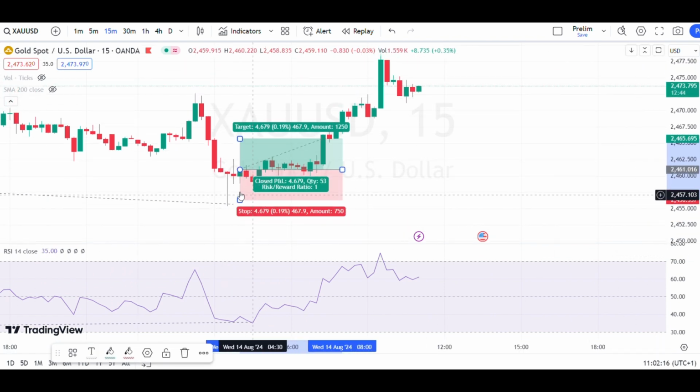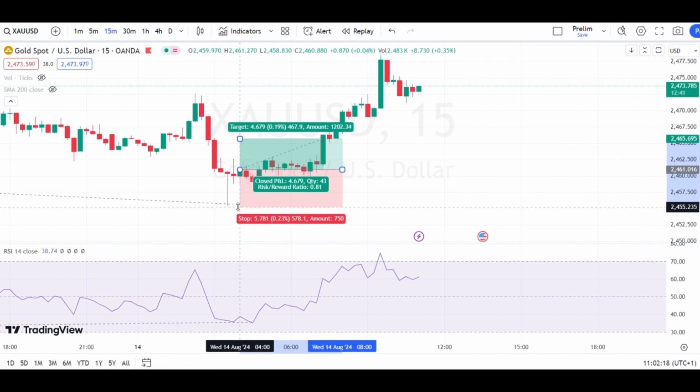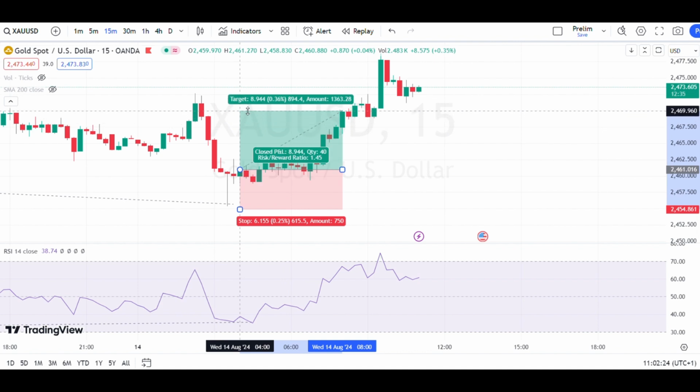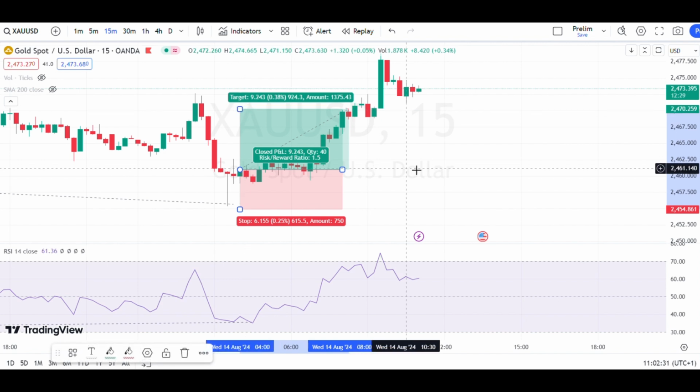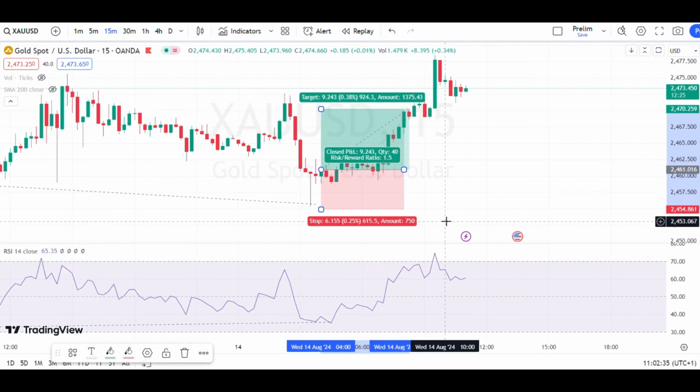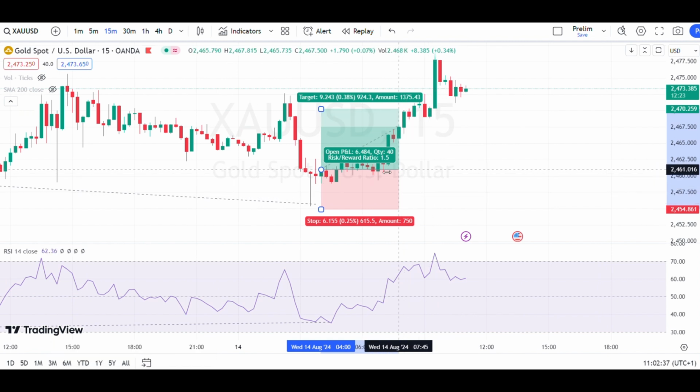So don't forget, we drag our stop loss first to the bottom of this and then take 1.5 RRR, right? So would this have given us our 1.5? Yes, can you see? This would have given us our 1.5, right? And then that is this.